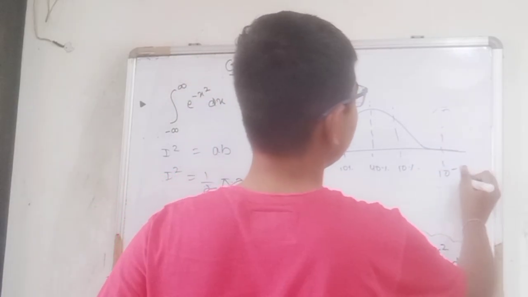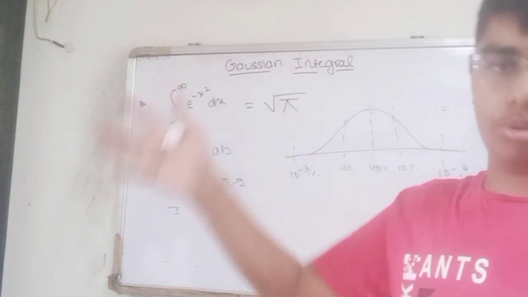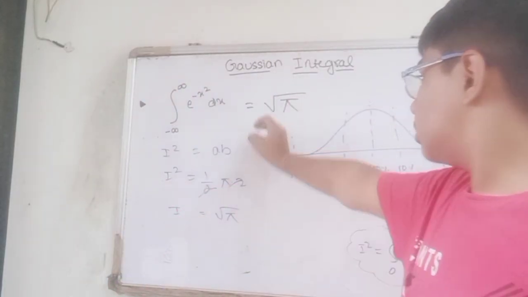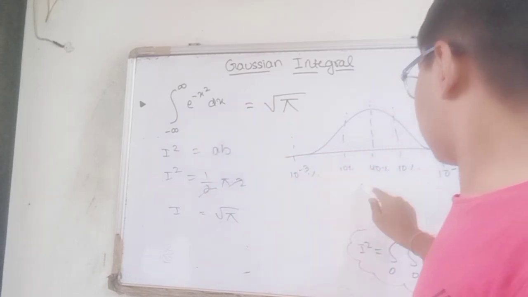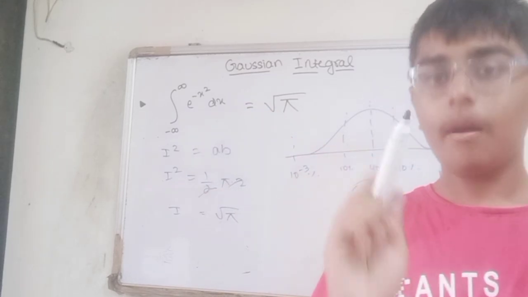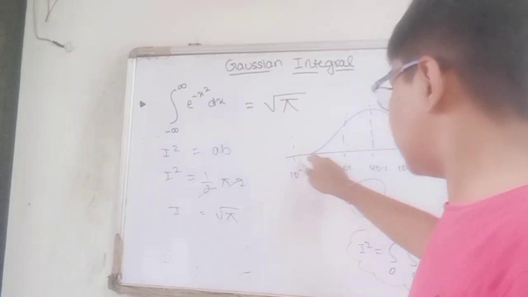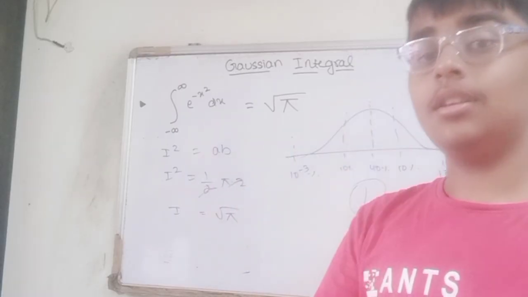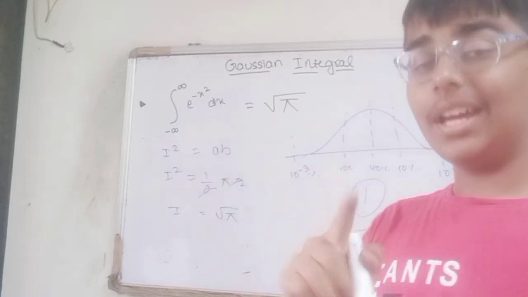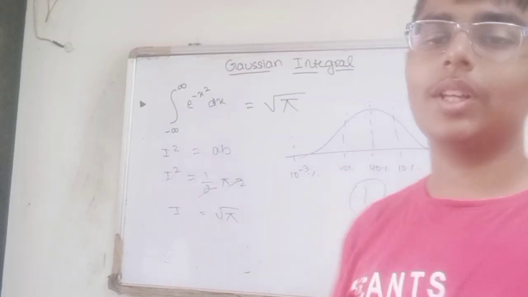And when we add them up, what do we do when we add continuous functions? Integration. This is what we get: 1. But there's something known as the Gaussian integral, which has the same bell curve like pattern, and it says that the area under that bell curve is root pi.